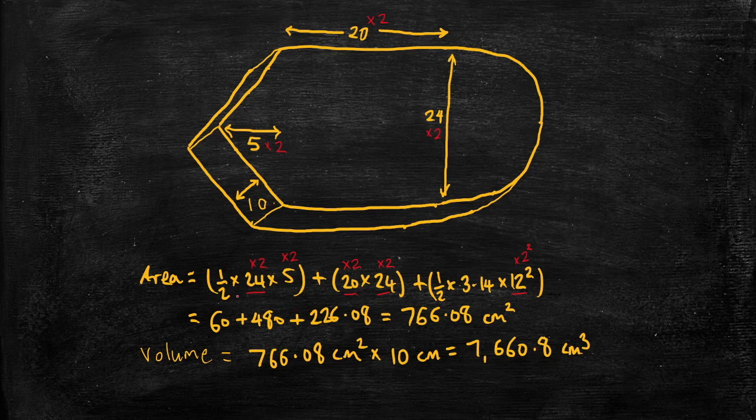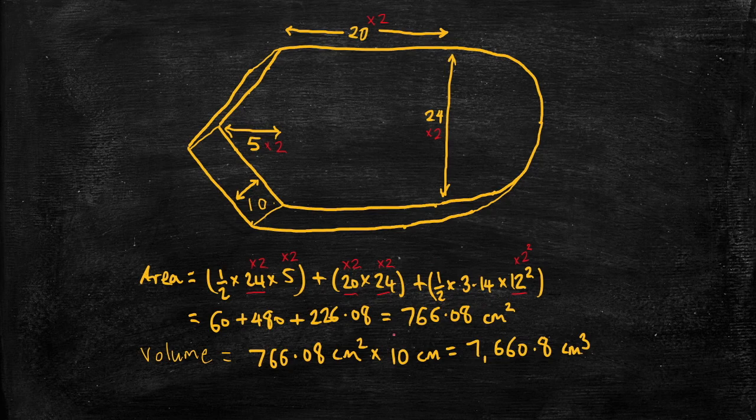And so each piece of the area, the triangle, the rectangle, and the semicircle, is increased by a factor of 2 squared, because we've got times 2 times 2 here, times 2 times 2 here, and times 2 squared here. So each piece is getting multiplied by 2 twice, or multiplied by 2 squared.